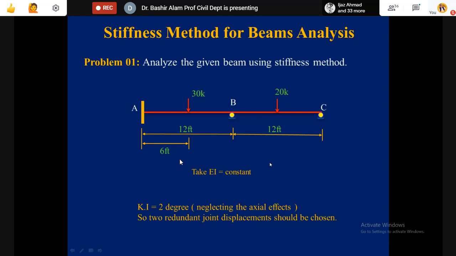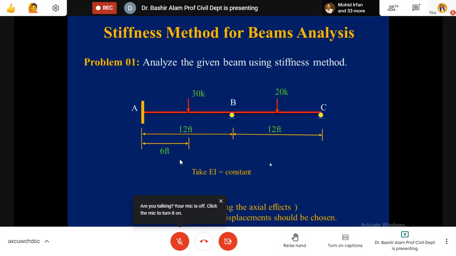Can somebody tell me what will be the restrained structure for this one? What will be the restrained structure? Is anybody clear how we are going to make a basic kinematically determinate structure now?